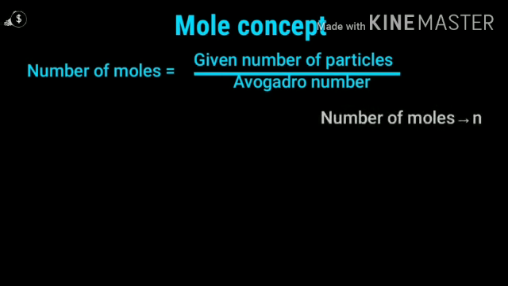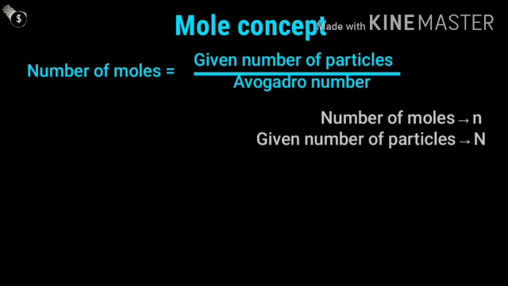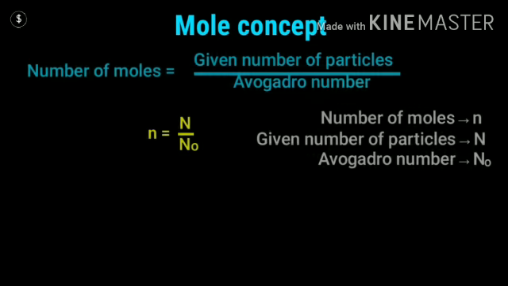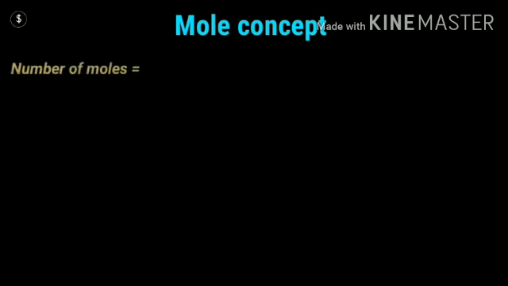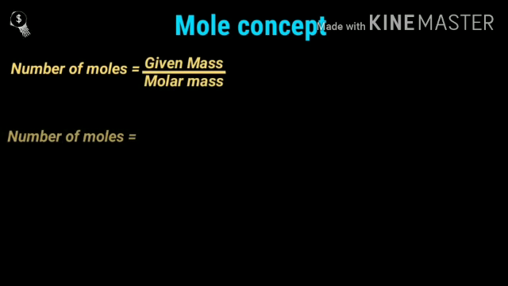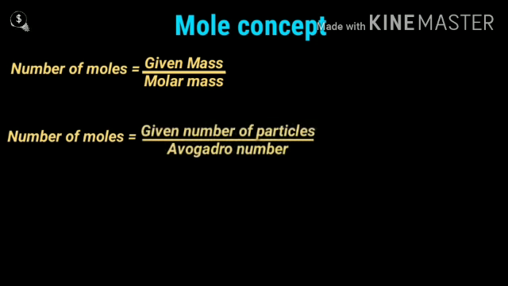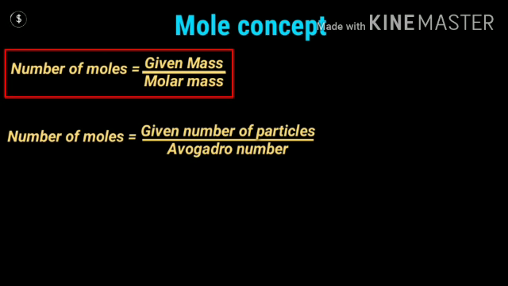Number of moles is denoted by small n, given number of particles is denoted by capital N, and Avogadro number is denoted by N0. So the formula is n equals N upon N0. So one formula you learnt, number of moles equals given mass upon molar mass, and the second formula you learnt, number of moles equals given number of particles upon Avogadro number.